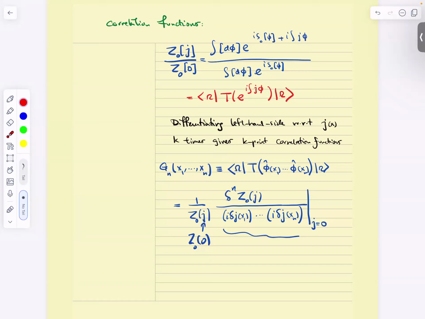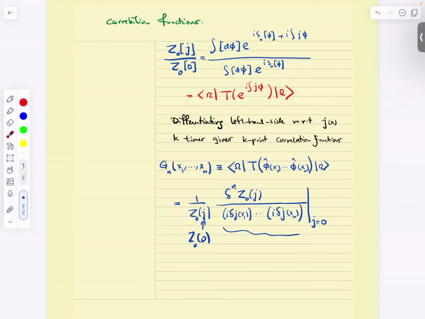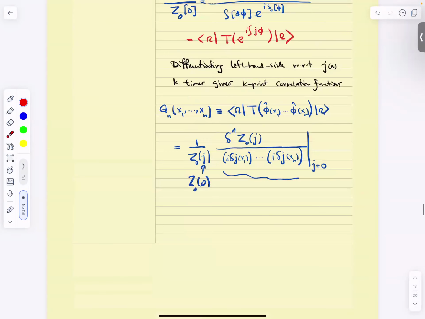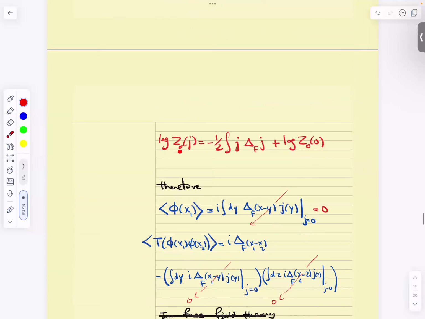Well, actually, no, it's silly because I put J equals 0 here, so yeah, they're the same thing. All right, good. Oh, I now remember why I did it this way, because this way I can view it as the nth derivative of log of Z0 of J. Okay, so let's calculate log of Z0 of J.